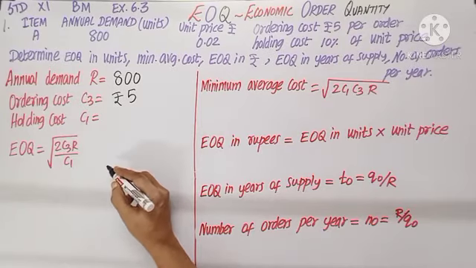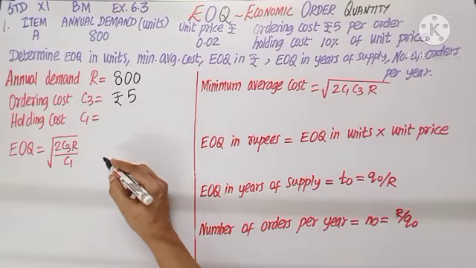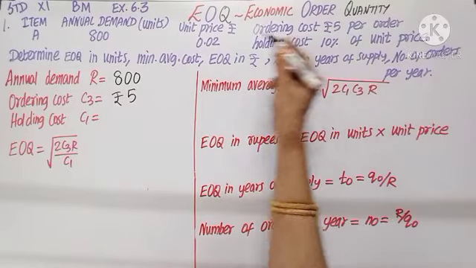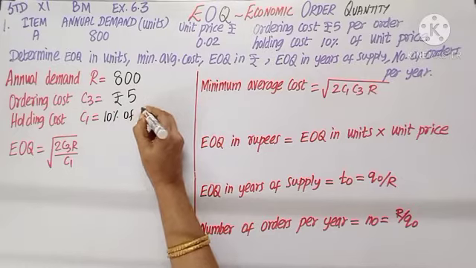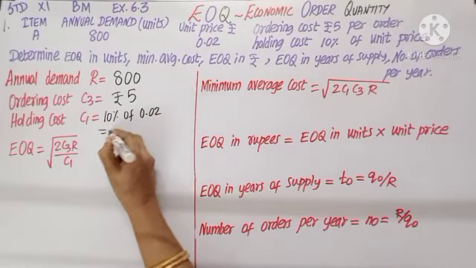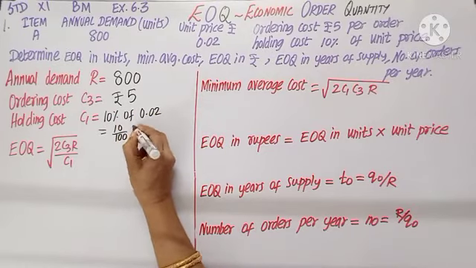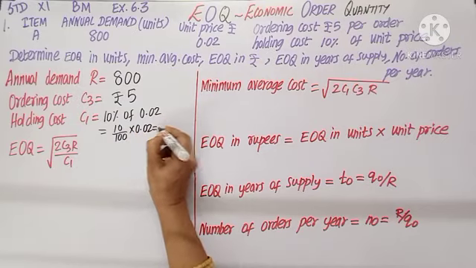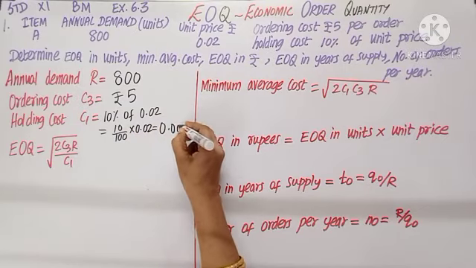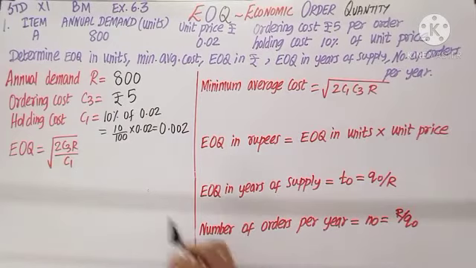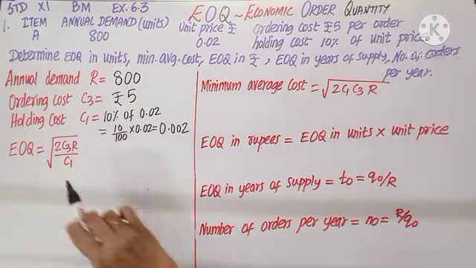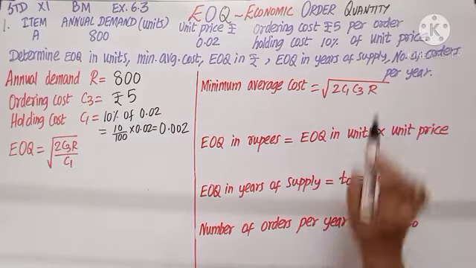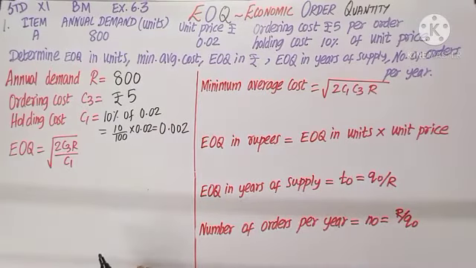Carrying cost or holding cost C1 is 10% of the unit price: 10% of 0.02, that is 10 by 100 into 0.02, which is 0.002. Once I know R, C1, C3, let me substitute in each formula asked in the question.